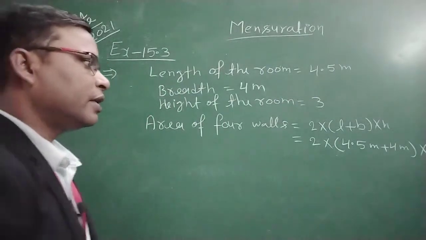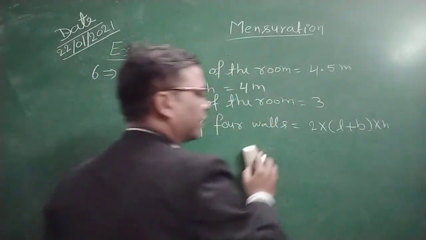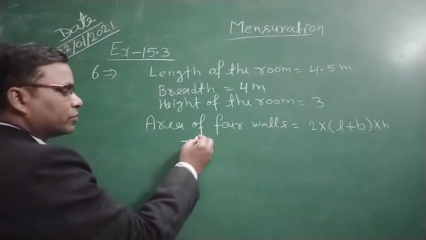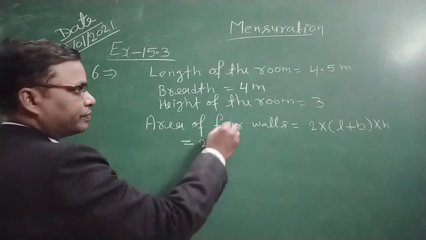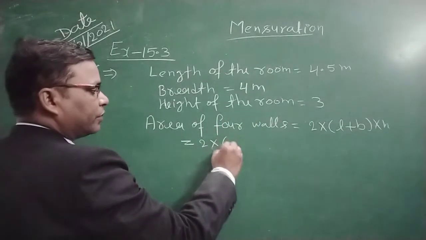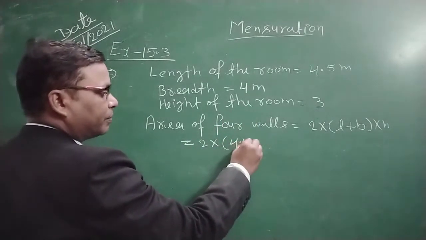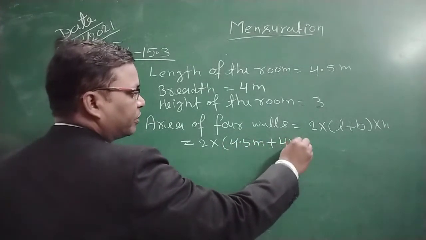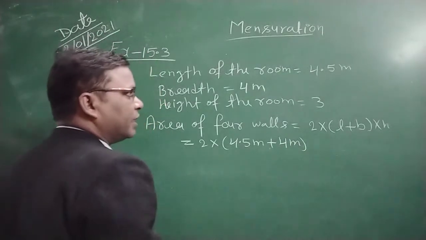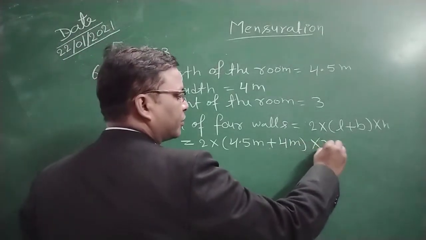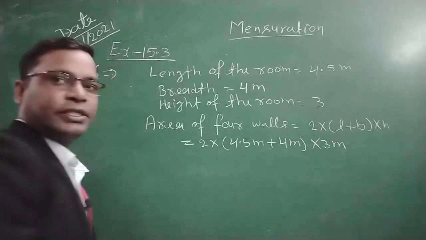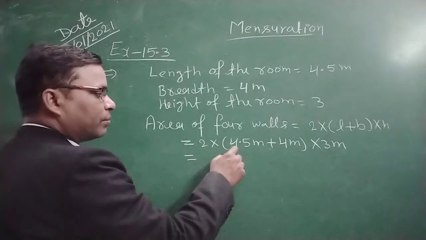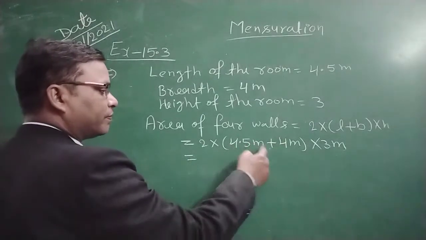Now you can write it again. 2 into (4.5 meter plus 4 meter) into 3 meter. If you add them, 4.5 plus 4 is equal to 8.5.